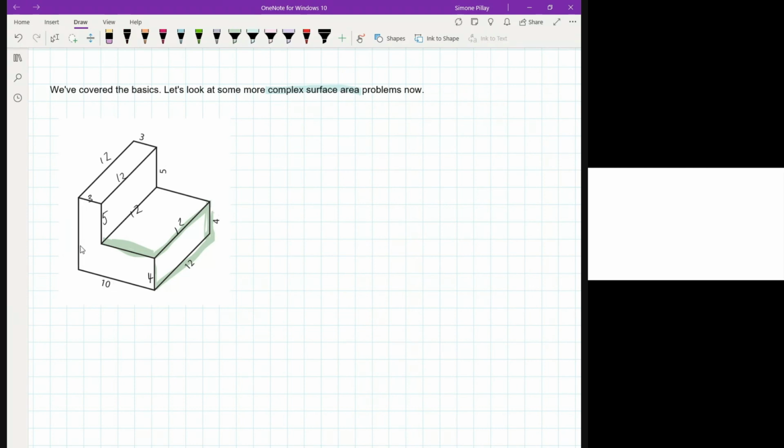Not 12. It is going to be 9. I want you guys to tell me, how did you get 9? 5 plus 4, right? Where did we get 5 plus 4 from? Well, this line must equal this line plus this line.